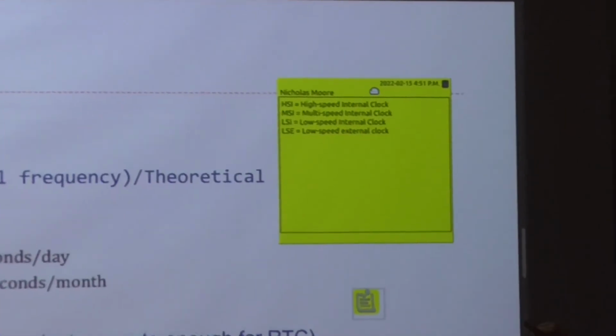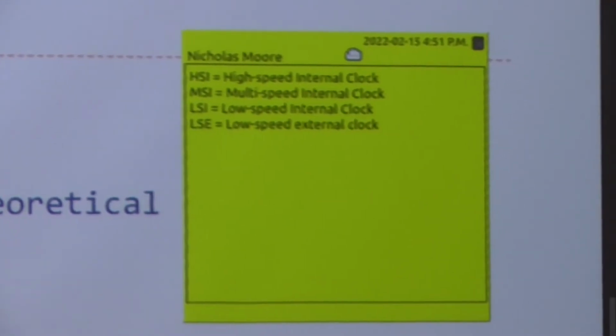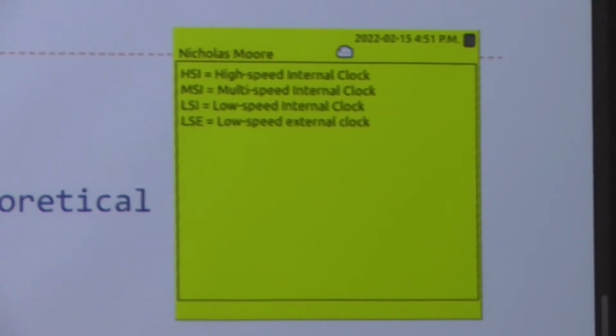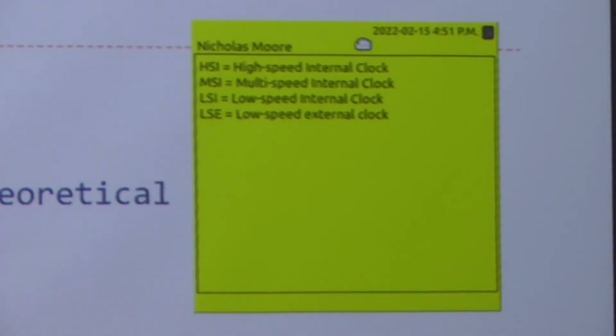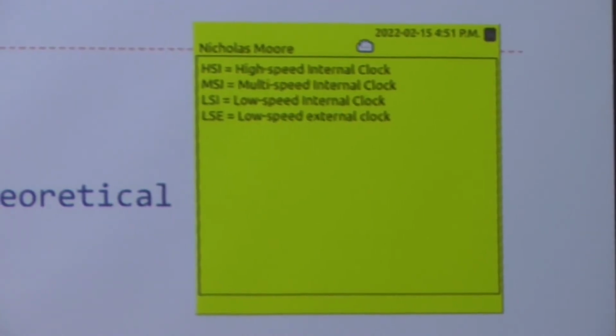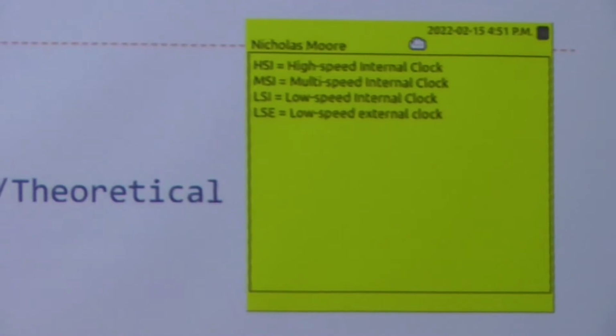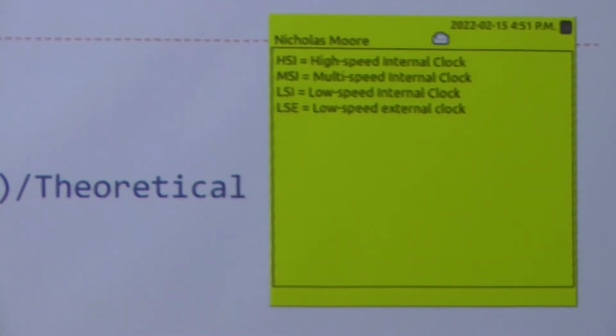When I say MSI, it's actually the multi-speed internal clock, not medium speed, though I think it's effectively medium speed. The high-speed clock is what you generally use for most CPU type applications. You can think of HSI as being the main clock.